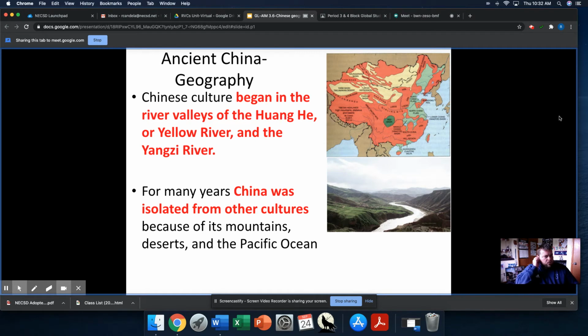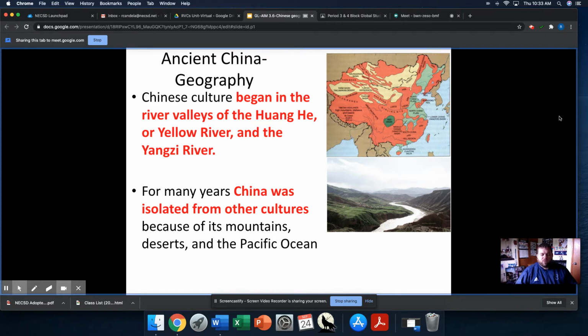Okay, so when we're talking about river valleys here in China, we're talking about two different rivers. So just like Mesopotamia had the Tigris and Euphrates, ancient China is going to be shaped by two rivers: the Huanghe, or Yellow River as it's called, and the Yangtze River.